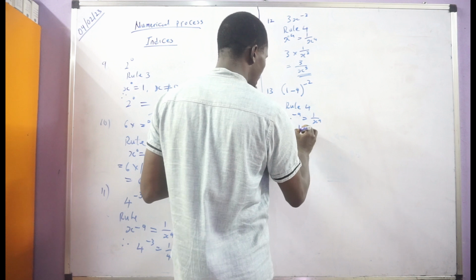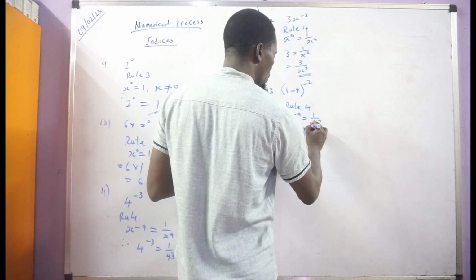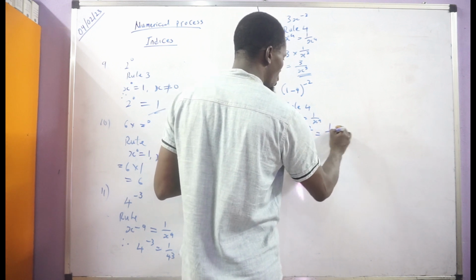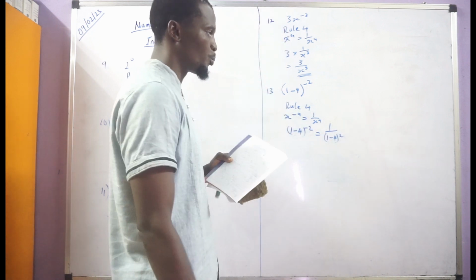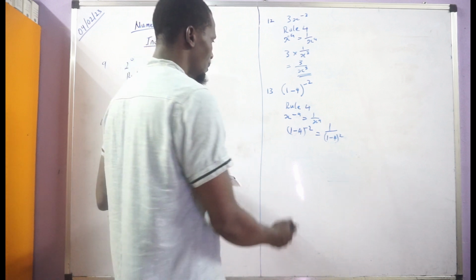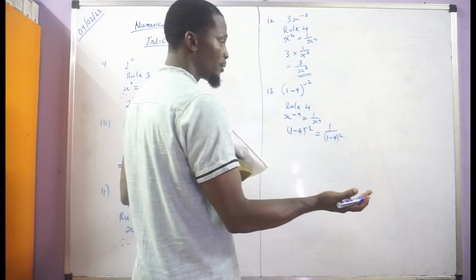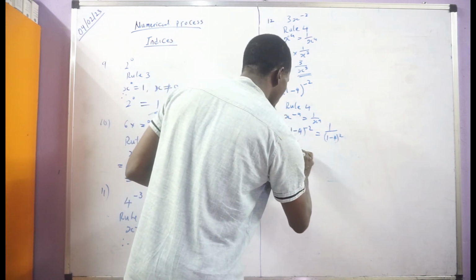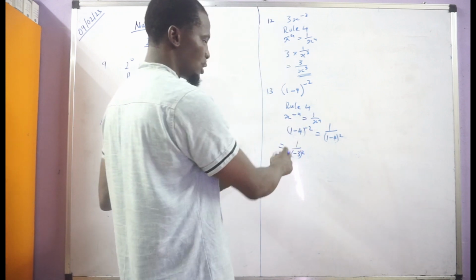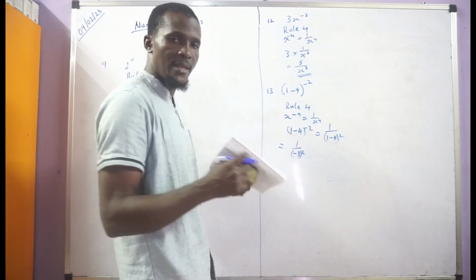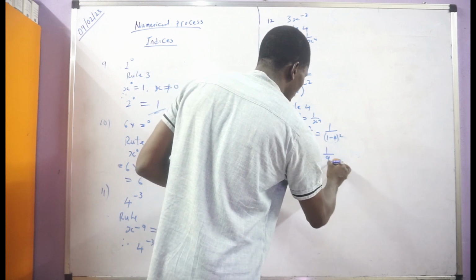So 1 minus 4 raised to power minus 2 will give us 1 over 1 minus 4, everything raised to power 2. This number 1 minus 4 will give us 1 over minus 3 squared. Minus 3 times minus 3 is going to give us 9. So our answer is 1 over 9.